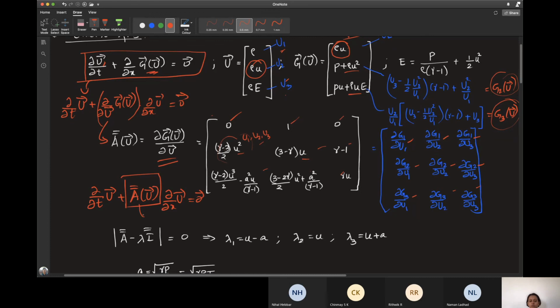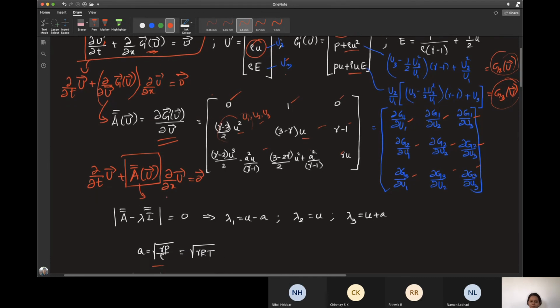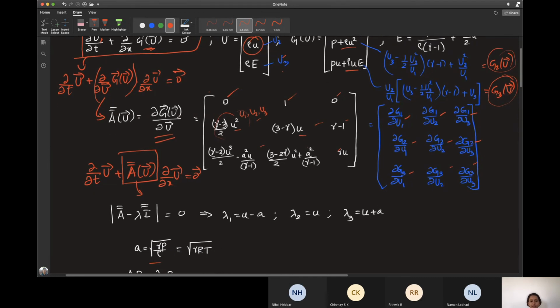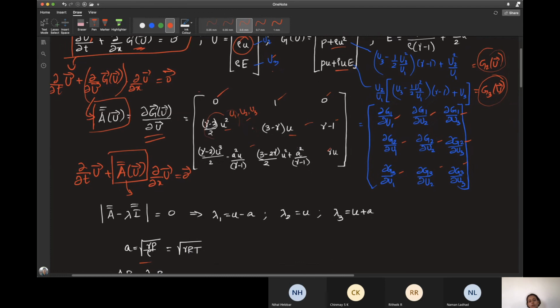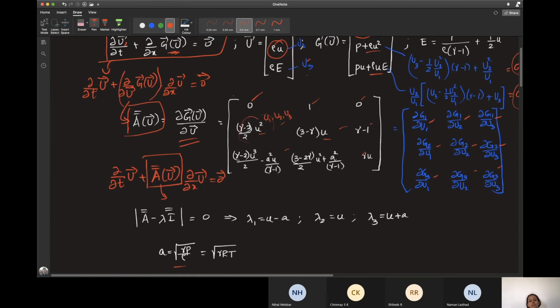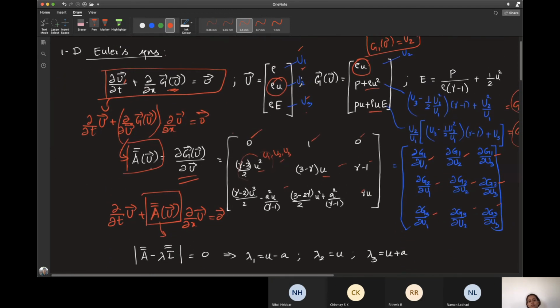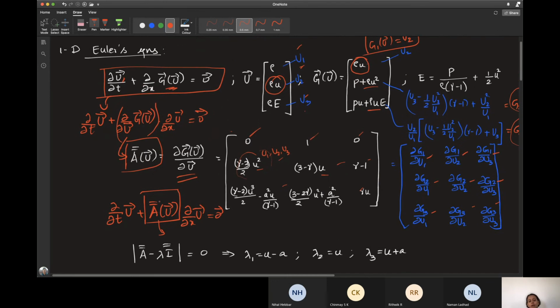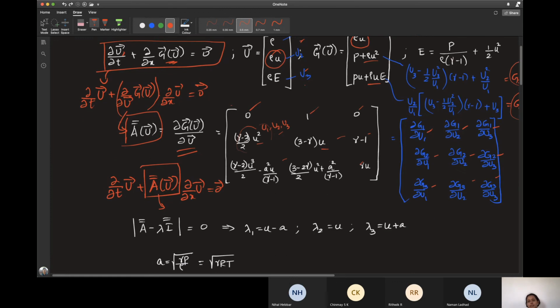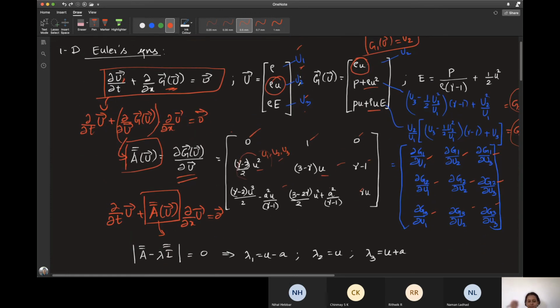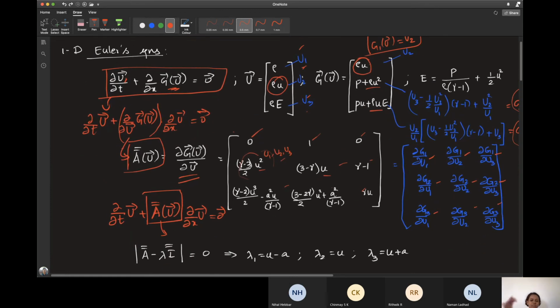This matrix is now a function of the u vector, and that matrix is this one. So for this we can again try to do it, provided we know how to handle it when the matrix is not constant. So this is some motivation for the next class.